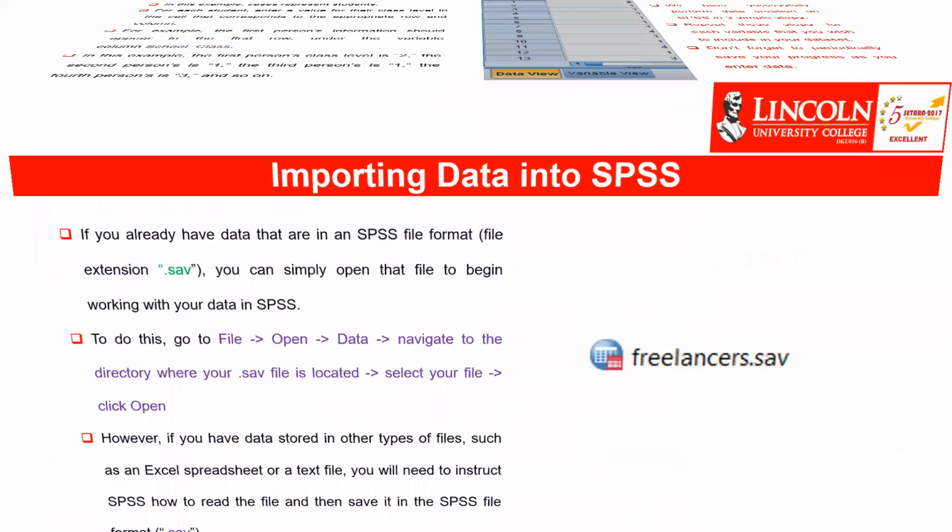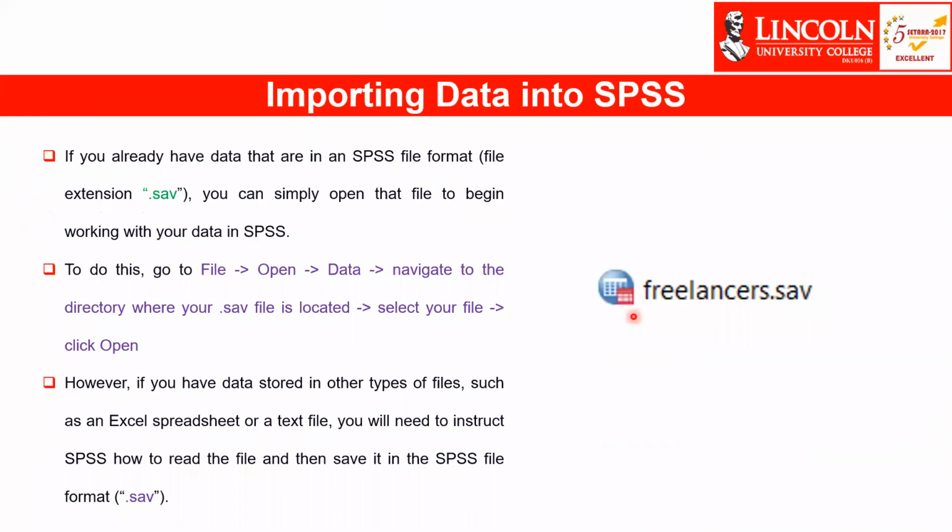Now, also, you can import data into your SPSS. The first one we'll be looking at is assuming that you have your data in an SPSS file, which is .sav.